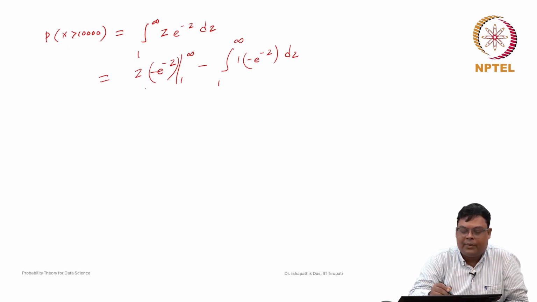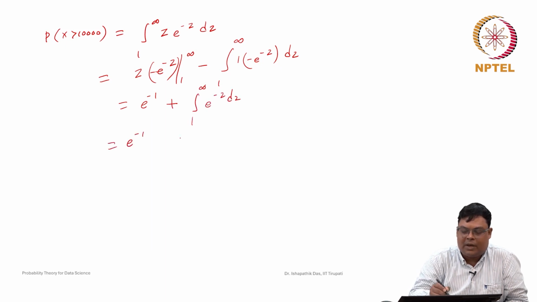So, it will be 0, and now at 1 it is nothing but 1 times e to the power of minus 1. So, this is nothing but e to the power of minus 1, and we are subtracting that, so minus and minus gives plus e to the power of minus 1, and now it will be minus of 1 to infinity e to the power of minus z. So, this is plus 1 to infinity e to the power of minus z dz.